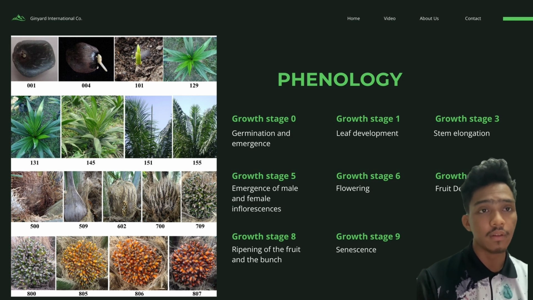Growth stage 1, leaf development. Growth stage 3, stem elongation. Growth stage 5, emergence of male and female inflorescence. Growth stage 6, flowering. Growth stage 7, fruit development. Growth stage 8, ripening of the fruit and the bunch. And the last one, growth stage 9, senescence.